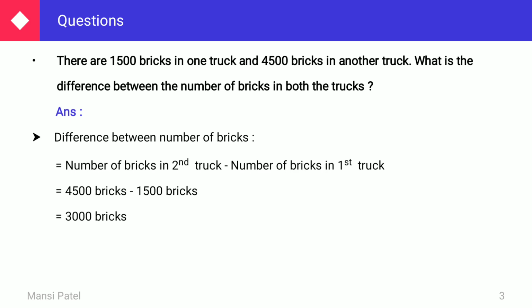If you want to write down the conclusion statement, instead of what, we write down 3000 bricks. So the difference between the number of bricks in both the trucks is 3000 bricks. In other words, there are 3000 bricks more in the second truck.